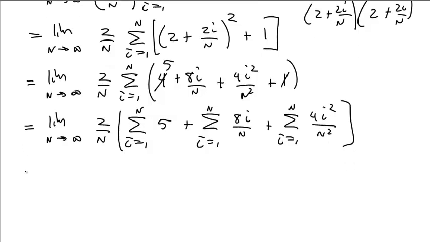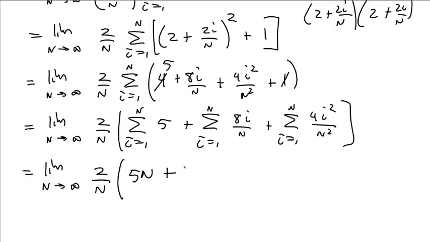Now some of these aren't so bad to figure out. This is the limit as n goes to infinity of 2 over n times what? Well, we add up 5 plus 5 plus 5 plus 5, n times. We get 5 times n. Now what is this? We add up 8 times 1 over n plus 8 times 2 over n.